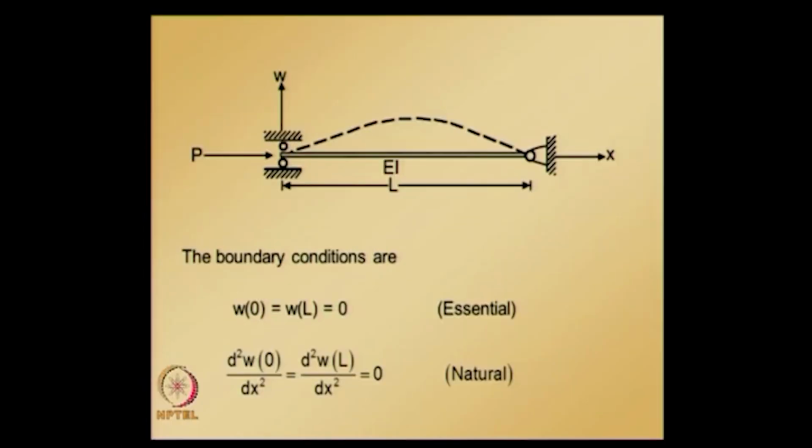But this problem, the simply supported column buckling problem, is not directly going to fall under the category of the general one dimensional boundary value problem. We need to make some substitution similar to what we did earlier.